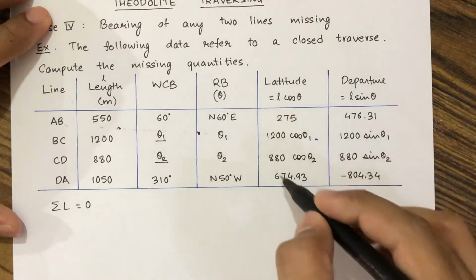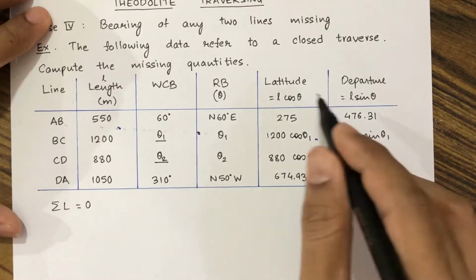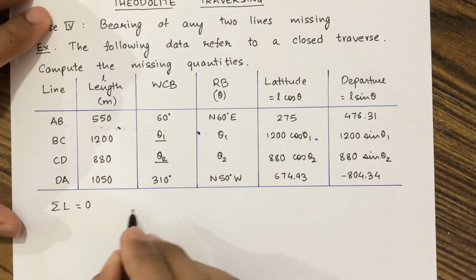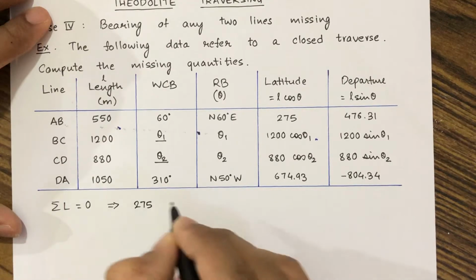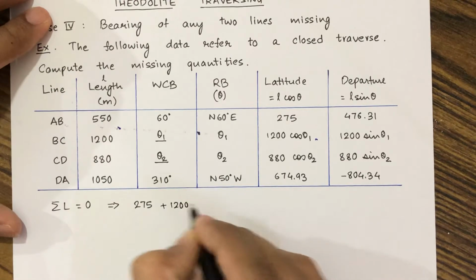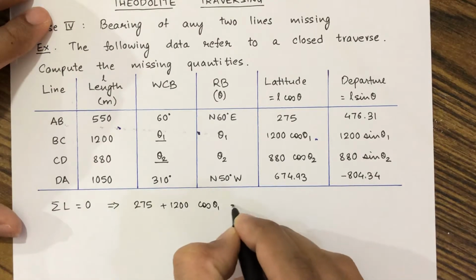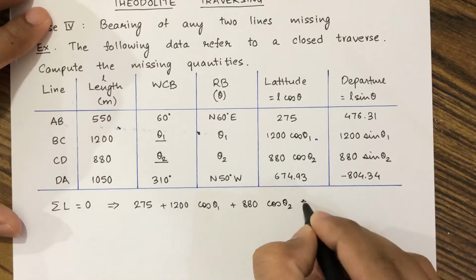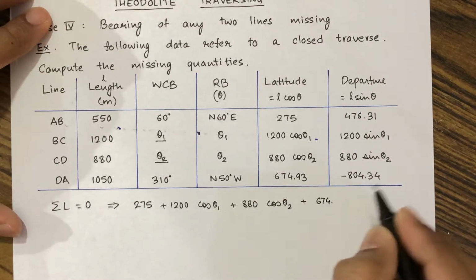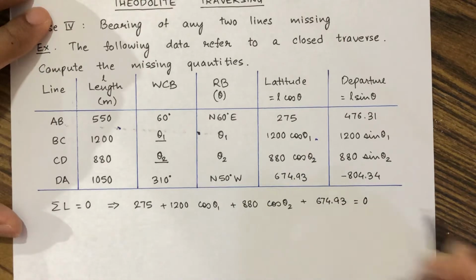So when we add up all these values of latitude, we get 275 plus 1200 cos theta 1 plus 880 cos theta 2 plus 674.93 equal to 0.